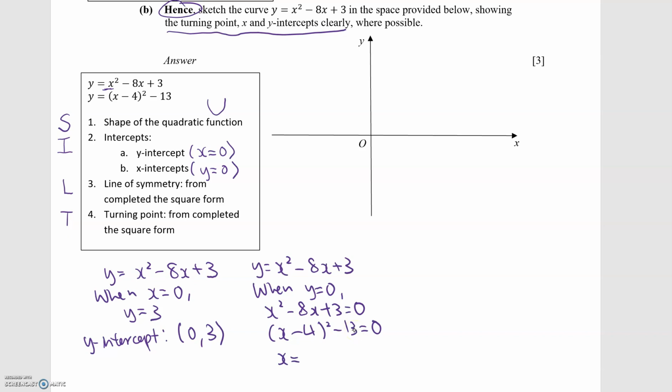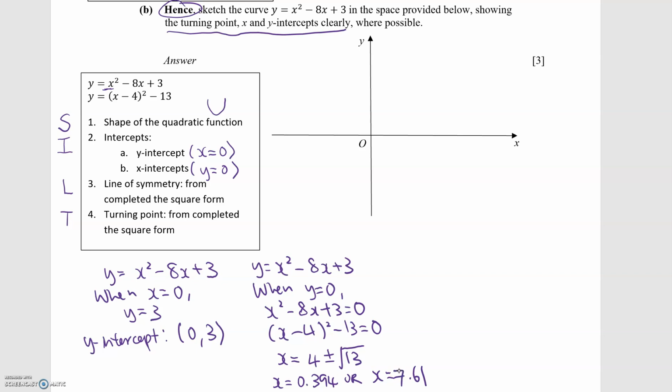So x is 4 plus minus square root 13, which gives me 0.394 or 7.61 corrected to 3SF.